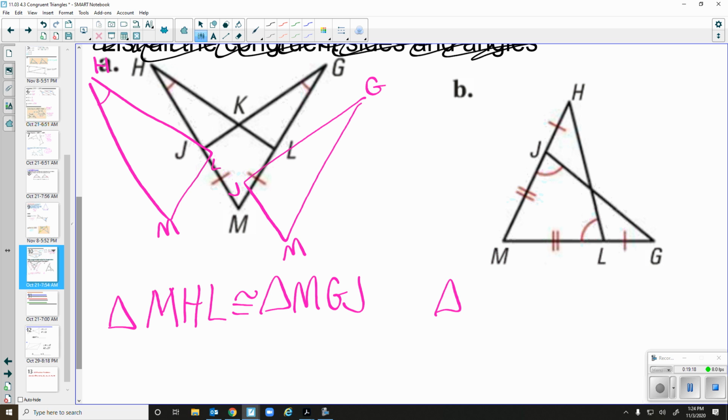On this one, if we have triangle H and L, and that's my first triangle, G and J. Good. Again, if you want to write it out to the side and redraw them so they're separate, helpful hint. Definitely, if you're totally uncomfortable with it, do it off to the side. But once you start seeing the pictures a lot more, you might start getting better at seeing it overlapping.